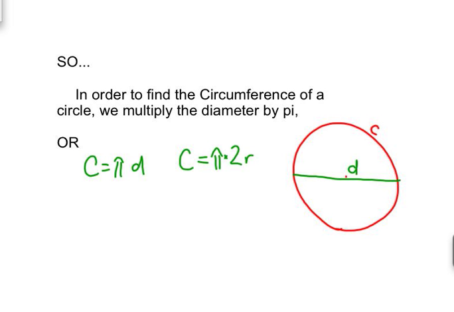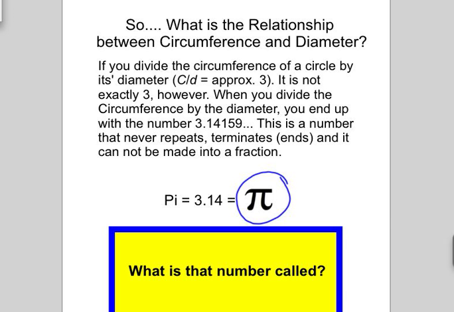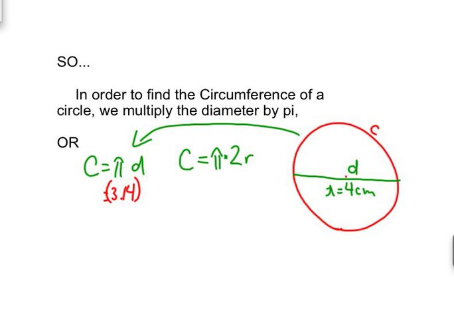So let's try one. Let's say that in this case, the diameter is equal to 4 centimeters. We come over to our equation, and we can see that if we replace pi with 3.14, because as we said in our other slide, pi is equal to 3.14, and we know that over here, our diameter is 4.